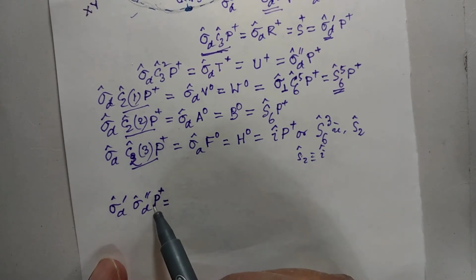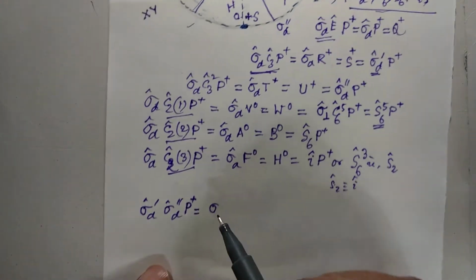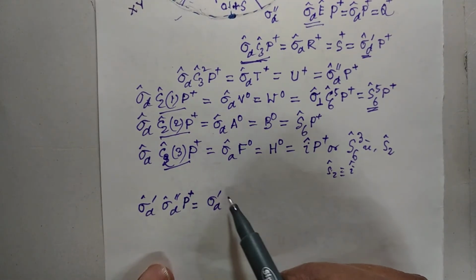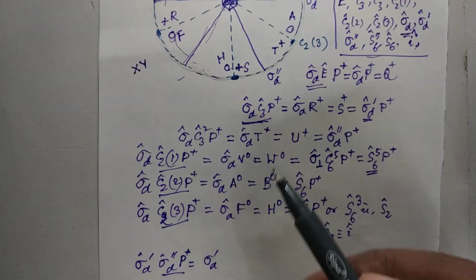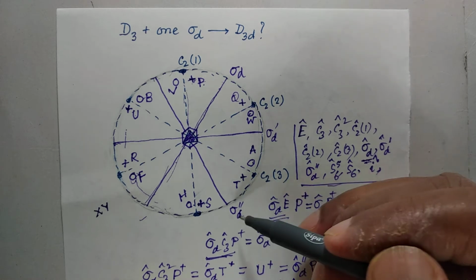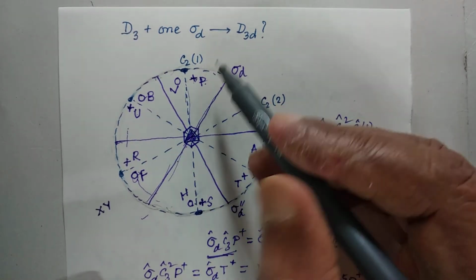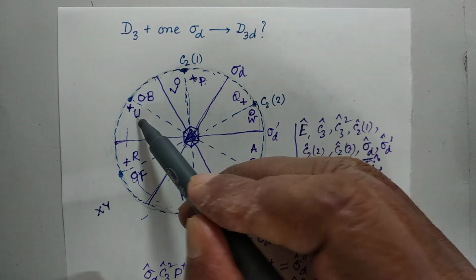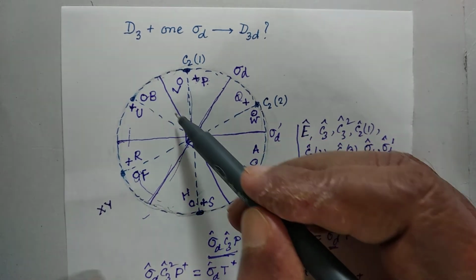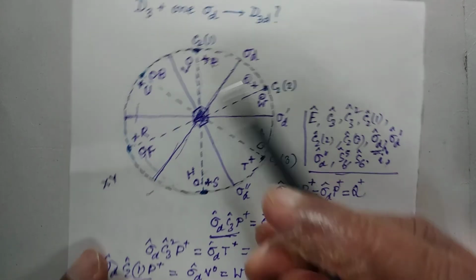We apply this product on P plus. Sigma d double primed reflection on P plus will give you U plus. If this is taken as the plane of symmetry, then P plus will bring you to U plus.